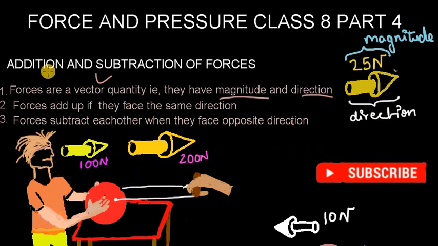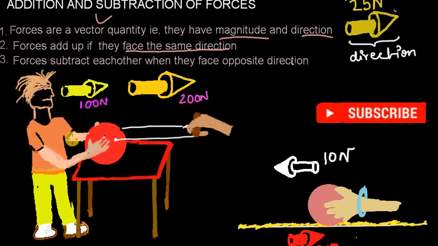Now let's talk about addition and subtraction of forces. First of all, in what case does this happen? If the forces act on an object towards the same direction, they add up. For example, here is a person who has a ball and is pushing that ball towards this direction.